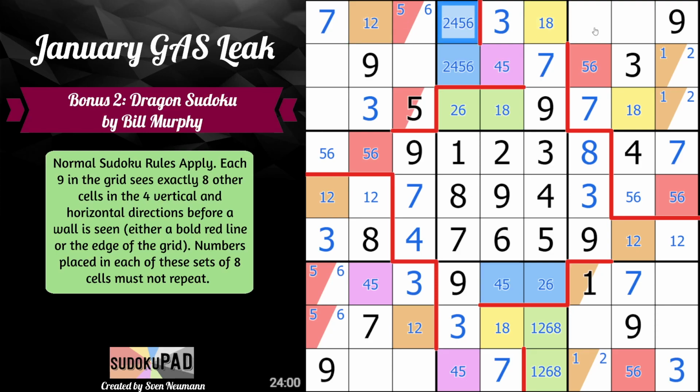It can't be yellow. Could it be red? Right? The blue would have to be seen somewhere in this direction. Could this be the red 5? Could this blue be red 5, 6? Because if not, then this is a blue-orange pair.